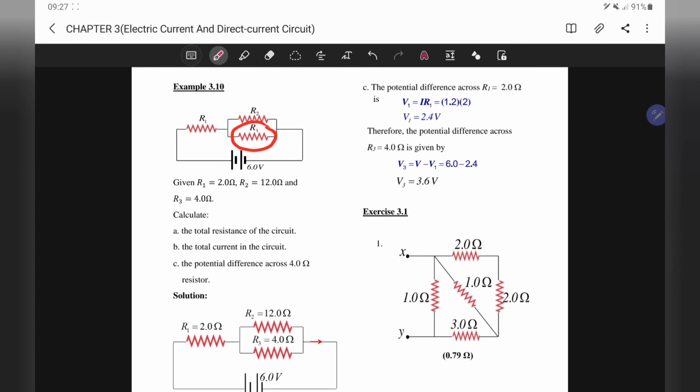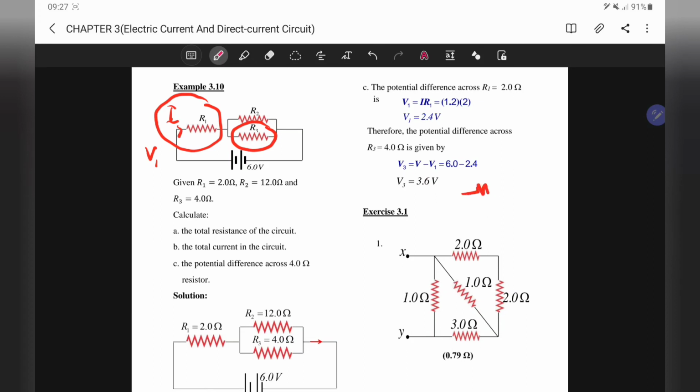First, we know that the current through here is I total, isn't it? By knowing the current here, we may calculate V1. V1 equals I total times R1, so you will get the potential drop here as 2.4. Let me draw first.